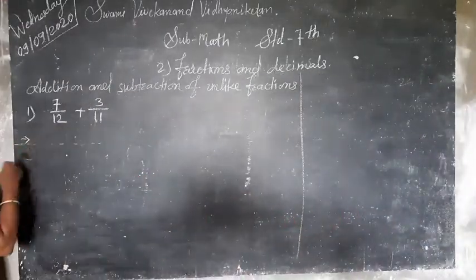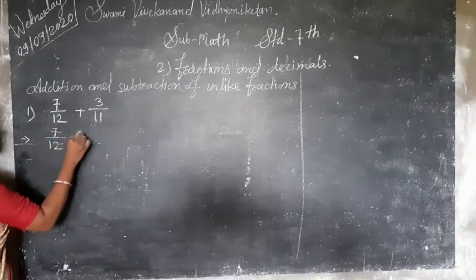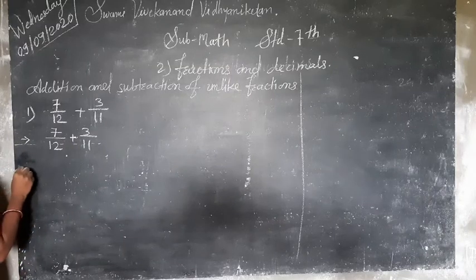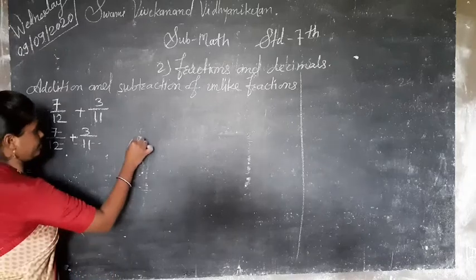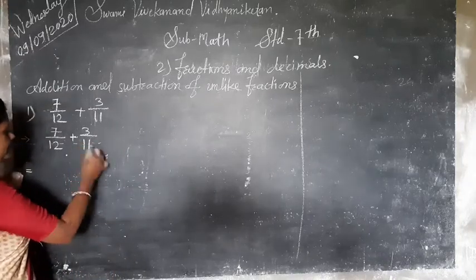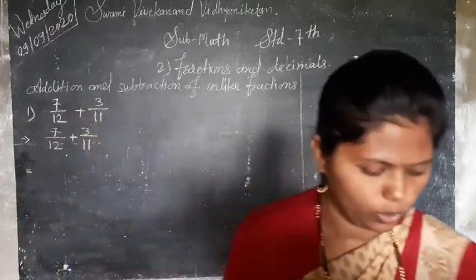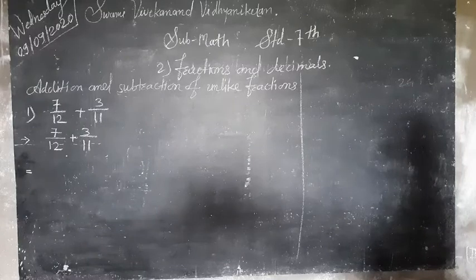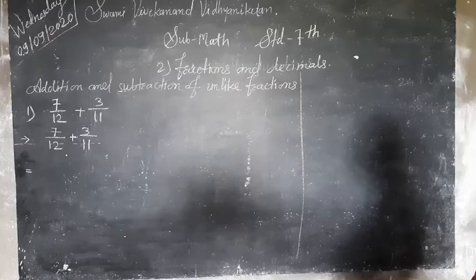See, I told you, write down the example as it is, plus 3 upon 11. Now that LCM of 11 and 12, lowest common multiple. You know how to find it. First of all, you write down the factors of 12 and factors of 11, then find out the LCM.